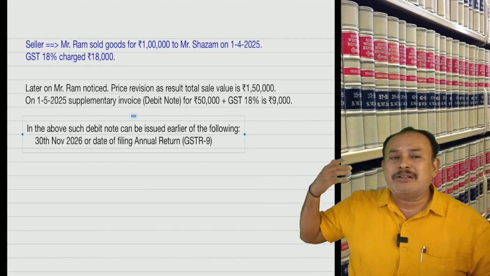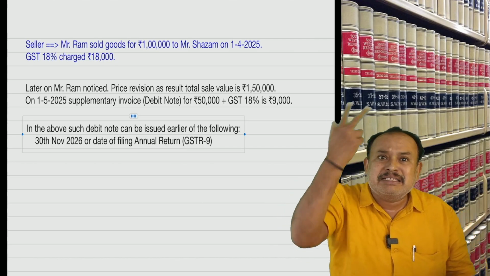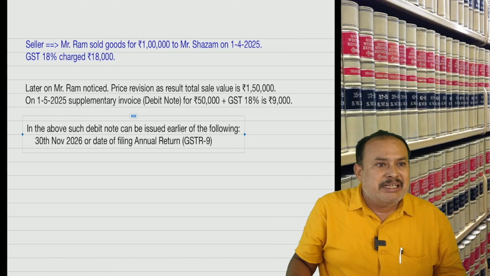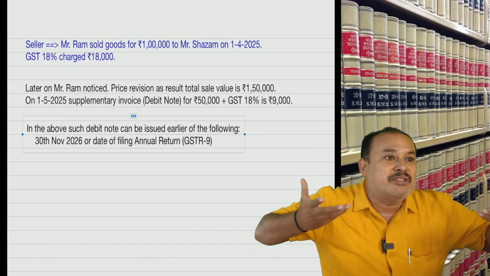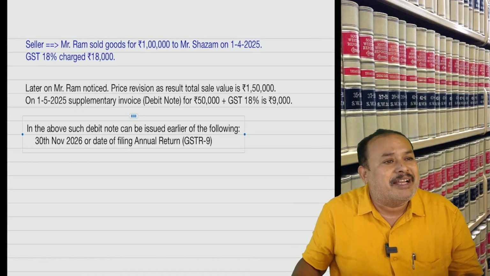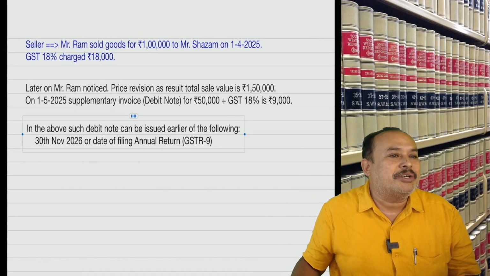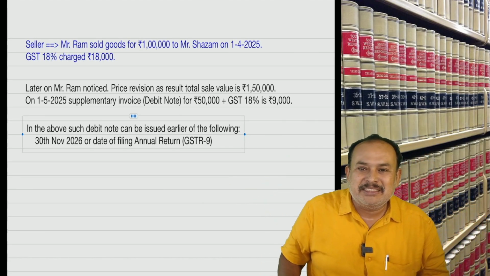When does the credit note come into the picture, sir? Ram noticed a price revision downward. It is not 1 lakh, sir. It is only 80,000, mistakenly overvalued, sir. In that case, Ram, here you issue what? Credit note. Same time limit to issue a credit note. Is that clear, my dear friends?